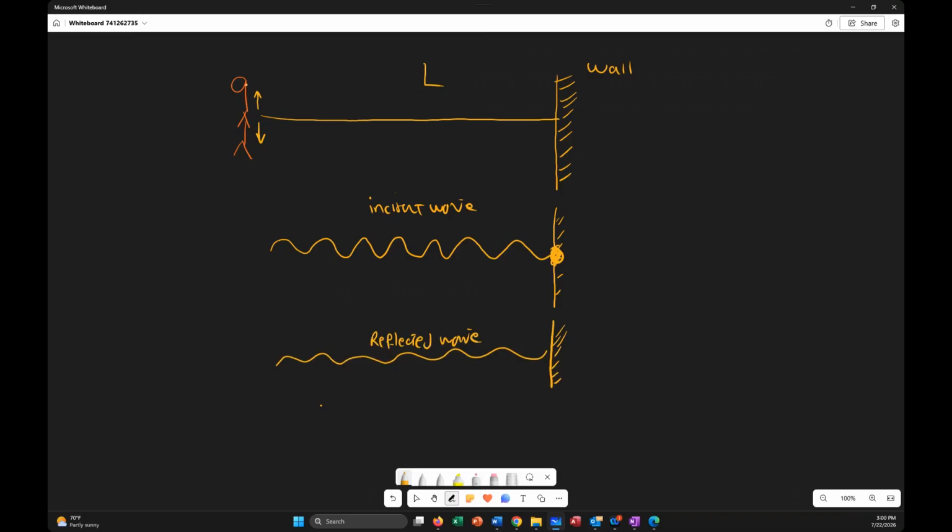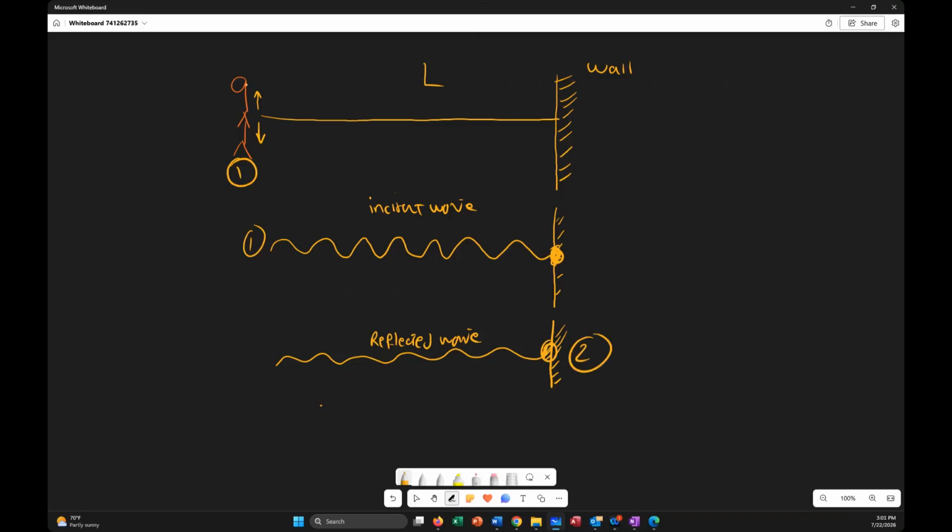Now how many sources of wave do we have here? The person is one source, which is creating a wave. Now, when the wall doesn't let this wave go through it, the wall will be acting as a second source of the wave. It's reflecting the wave.